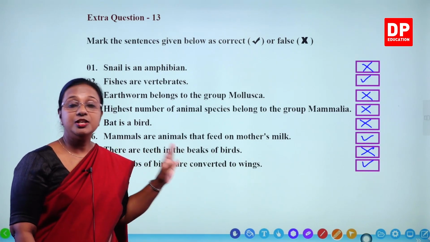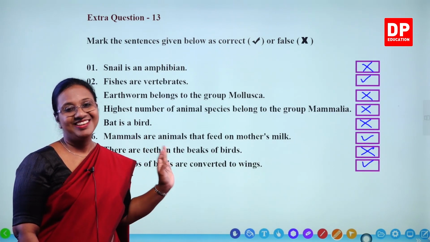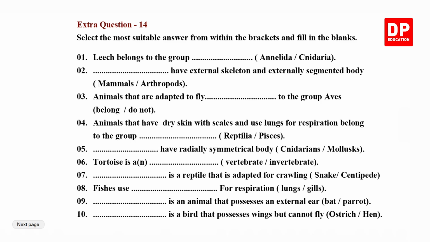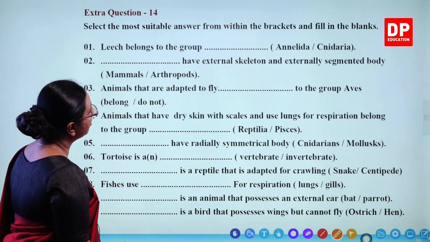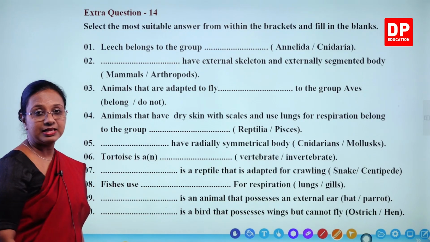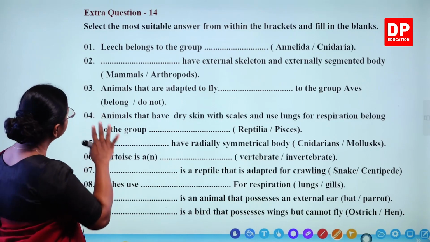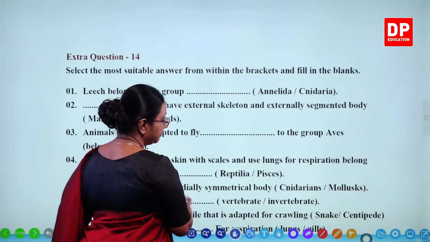Is this okay? Did you all get it correctly? I am sure you did. So with that, I will move on to the next one. Extra question 40. Select the most suitable answer from within the brackets and fill in the blanks. There you can see two answers are given for each sentence. We'll start with the first one.